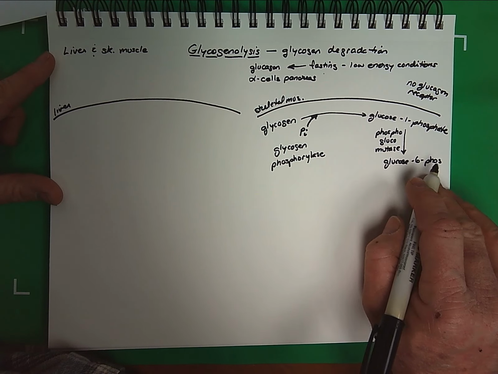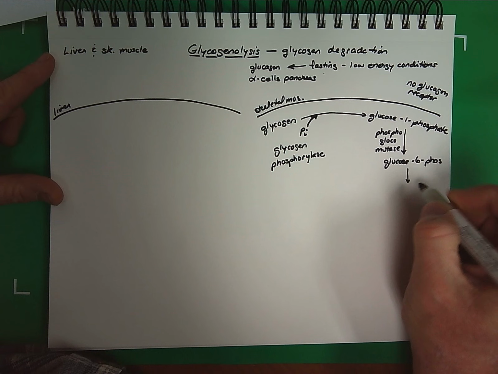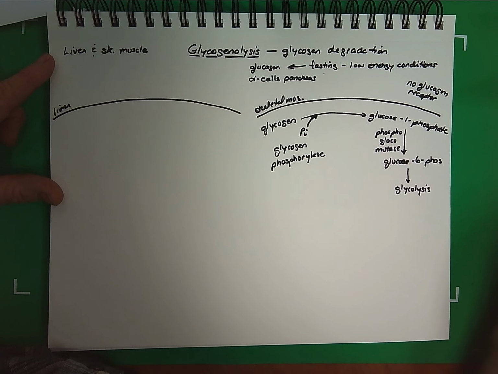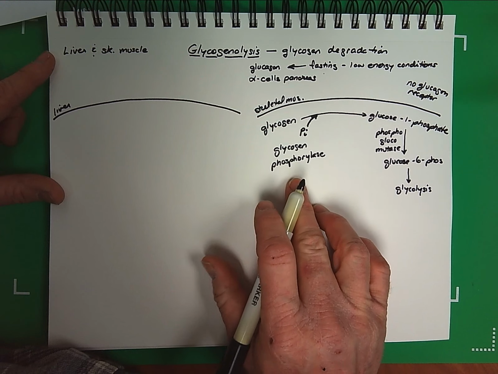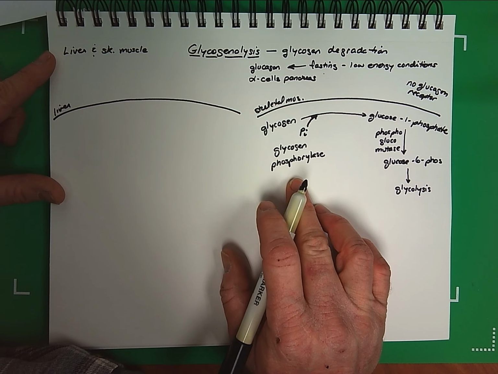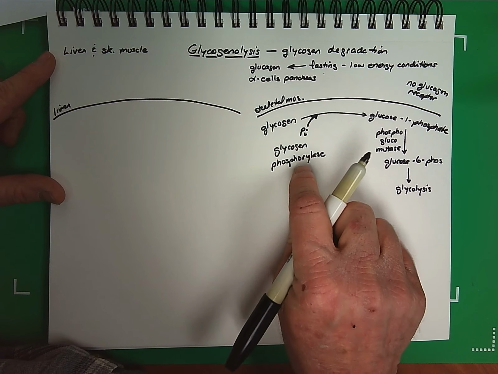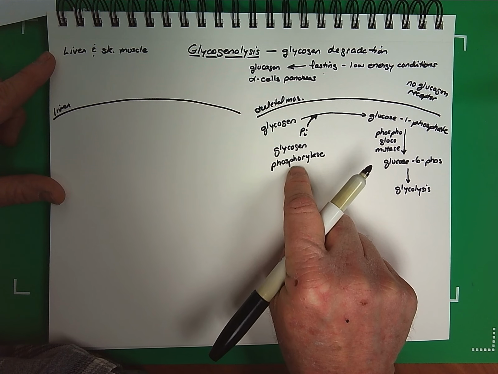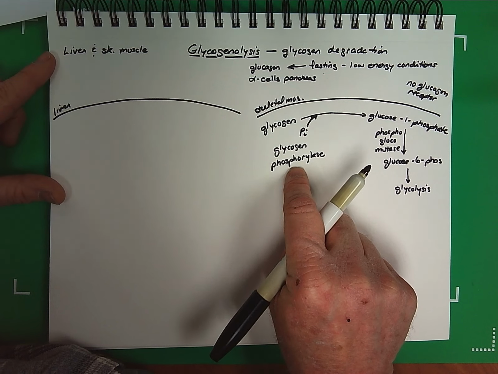Now, once we have glucose 6-phosphate, we can enter glycolysis and generate energy. So, from looking at this scheme, you can see that probably the most important regulation point is going to be at the initial release of glucose from the glycogen stores, and that would be regulating the enzyme glycogen phosphorylase.